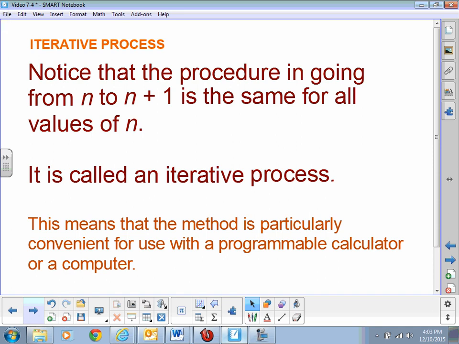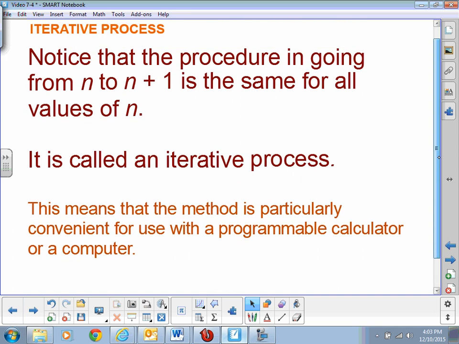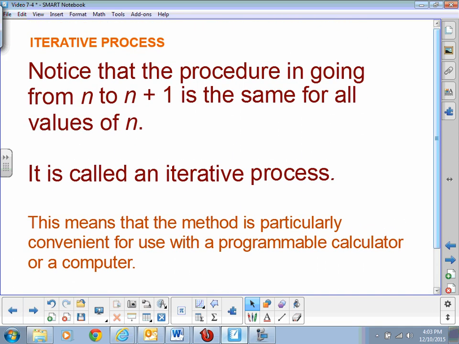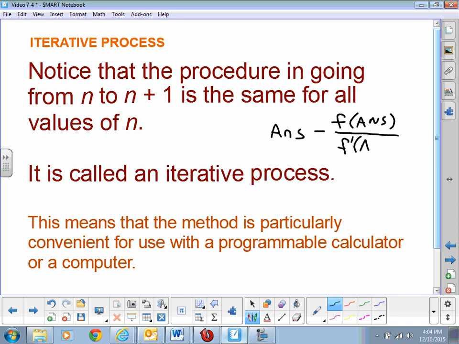Because we're doing the same process over and over again, this is called an iterative process. Because of that, we can do this pretty easily on the calculator. What we will show you in class tomorrow is how we can easily store our answer, and then instead of doing each of the individual numbers, we'll do our answer minus f of our answer over f prime of our answer.